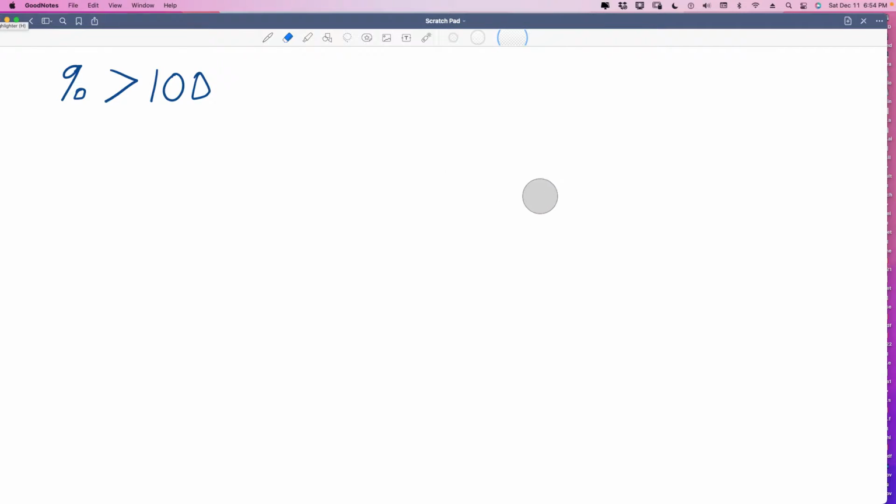Now we're going to talk about percents that are more than 100%. So I have a few little example problems here. Let's do 77.1.